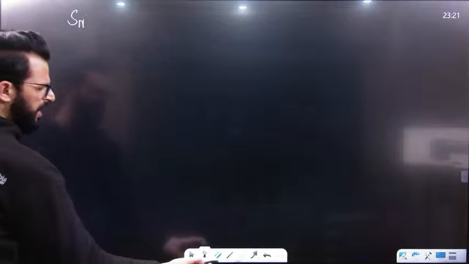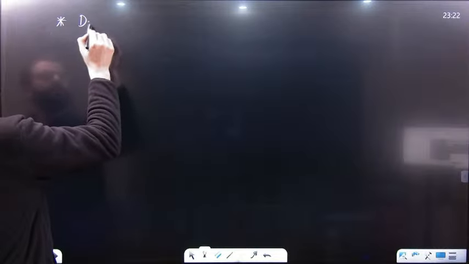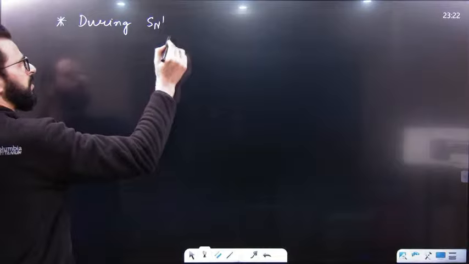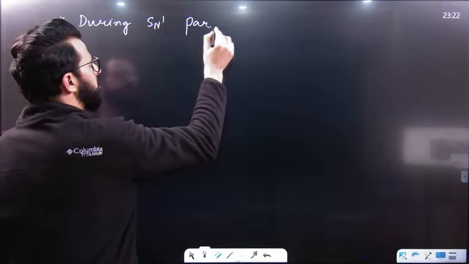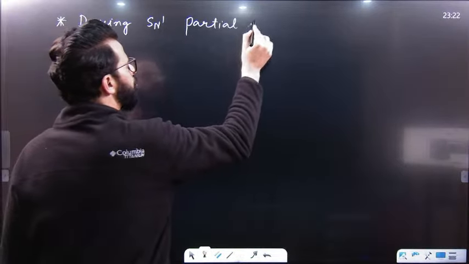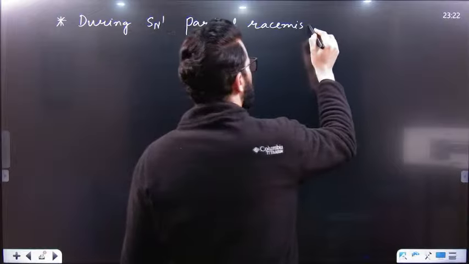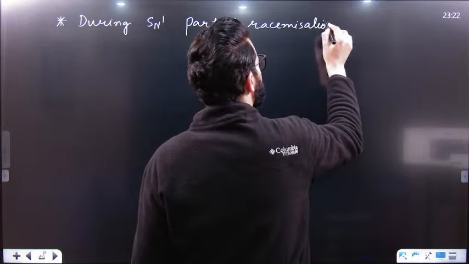Or I can add a few more points like stereochemistry. During SN1, remember, partial racemization takes place.